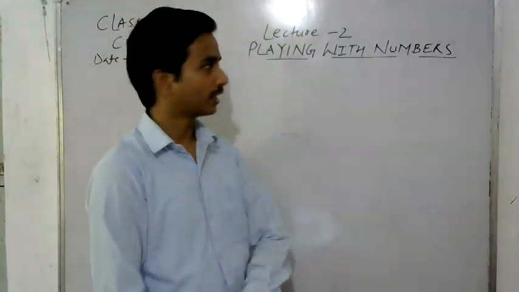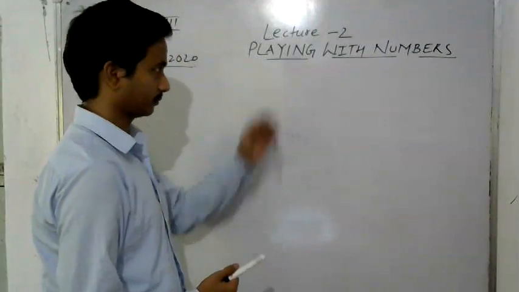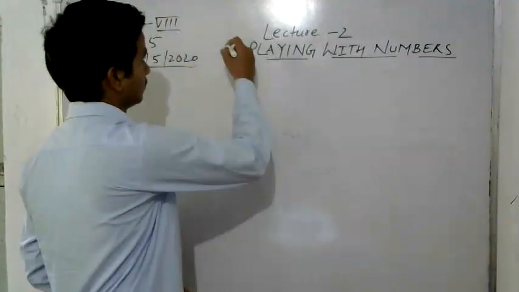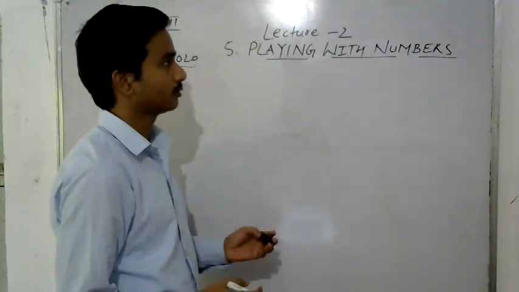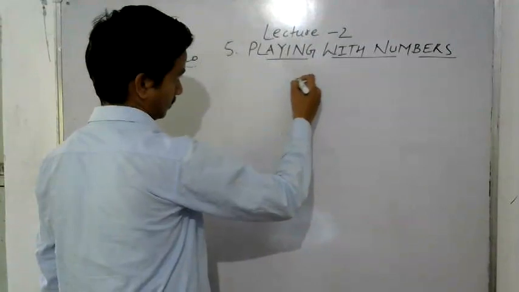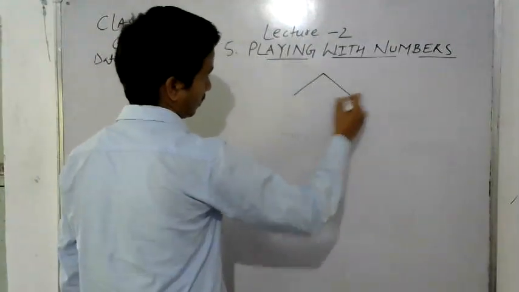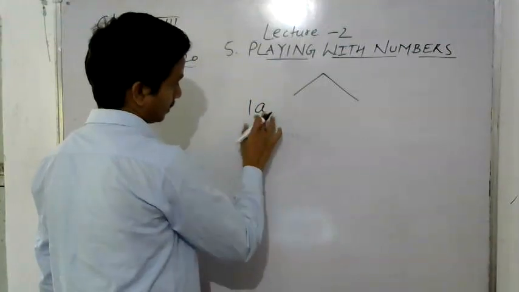Today we are going to see lecture number 2, part 2 of chapter number 5, Playing with Numbers. Yesterday we discussed how to represent a two-digit number in general form.